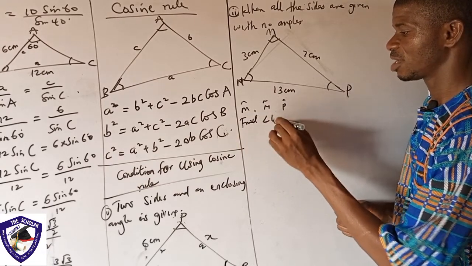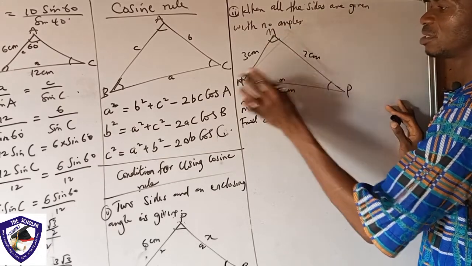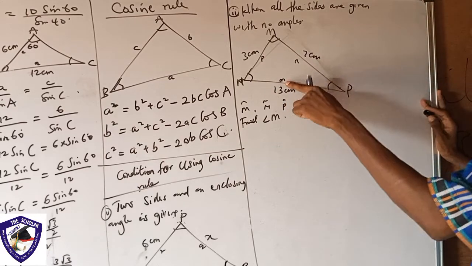To find angle M, you focus on that. M will be this small letter m, this is small letter n, and this will be small letter p. So since I'm looking for M, the m will come first.